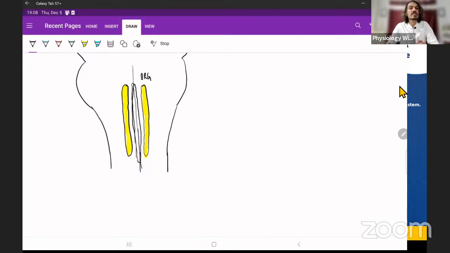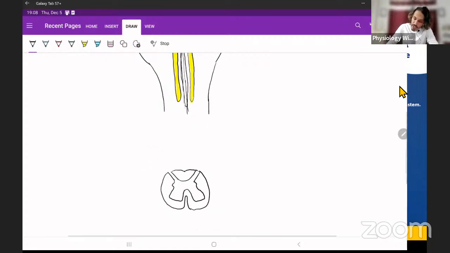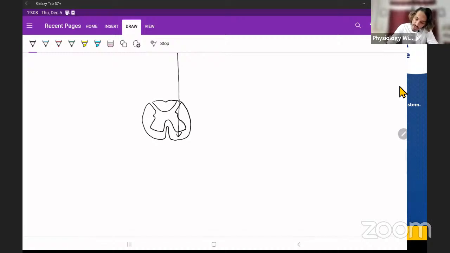This group of neurons provides a stimulus which is taken to the other side, comes down through the white matter, and eventually goes to the ventral horn, and from there it is taken to a muscle. Which muscle?